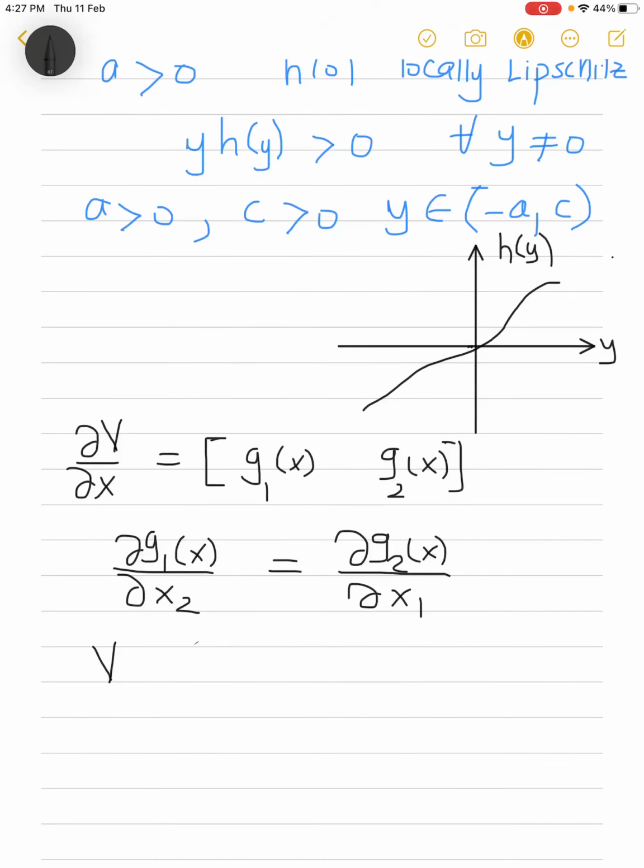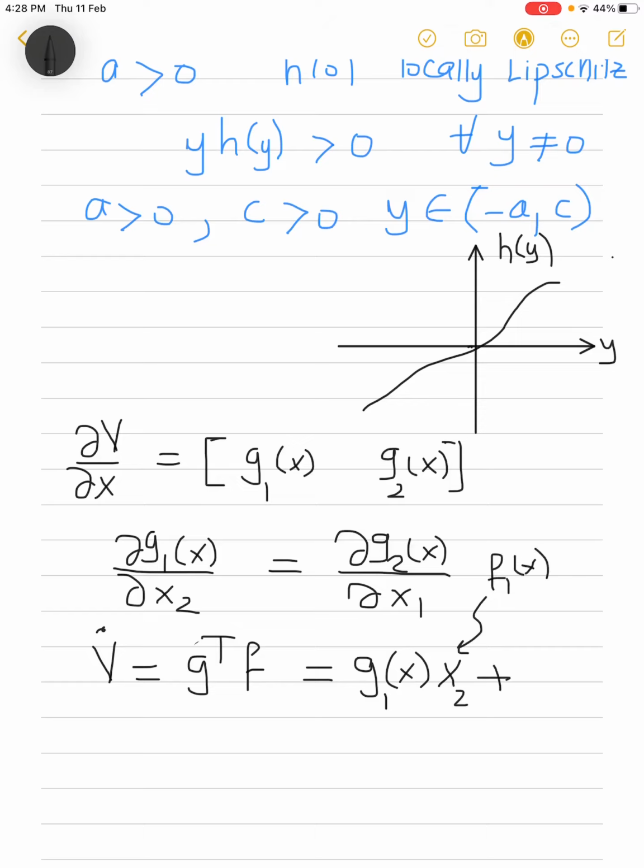We know that v dot is g transpose multiplied by the vector field f, so that gives us g1 of x times f1, which in our case is equal to x2. This is f1 of x, plus g2 of x times f2, and that's minus h of x1 minus a x2.